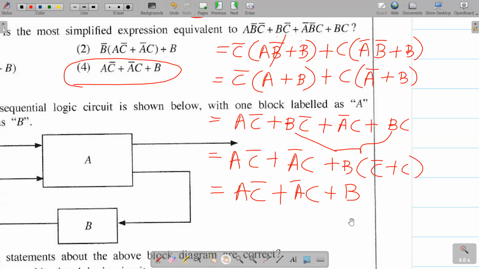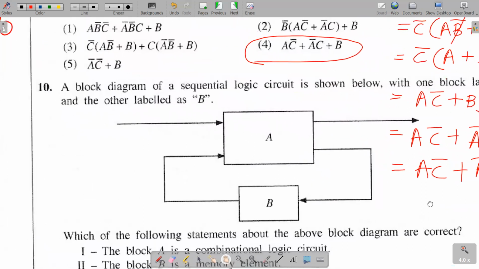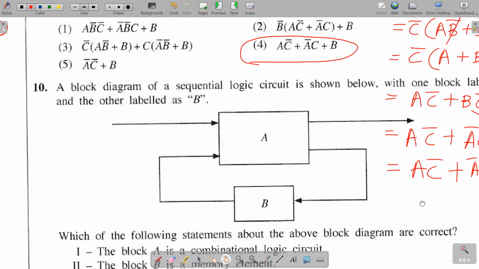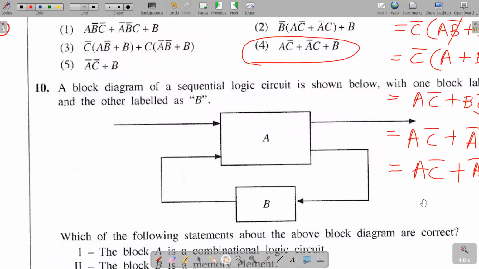හරි? online අය ලියලා ඉන්නවද? Right. Moving forward, number 10.